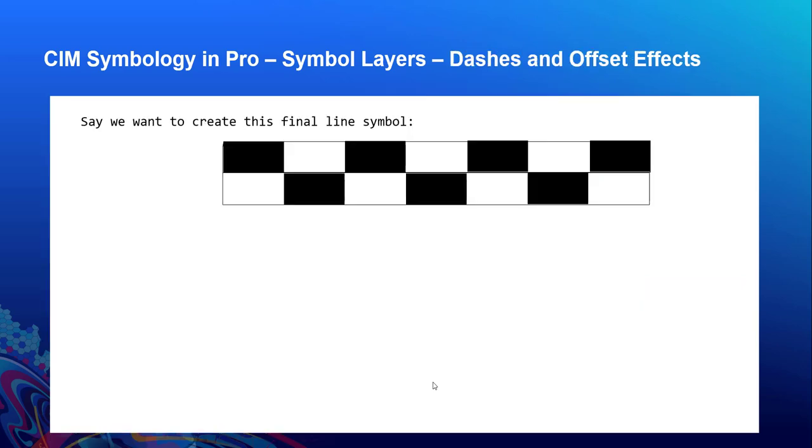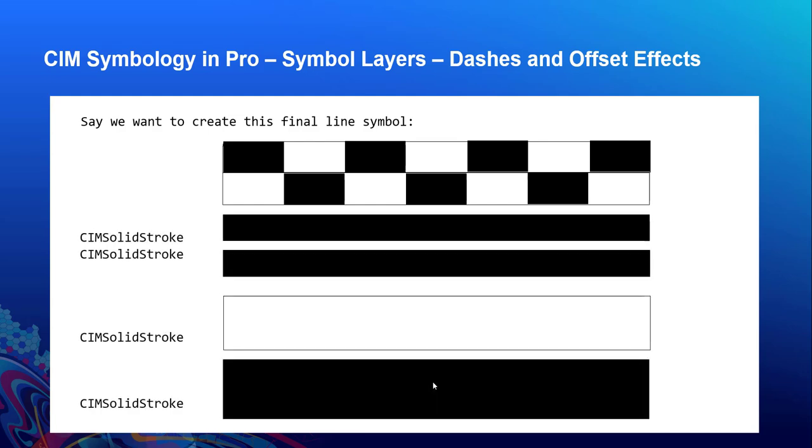So let's look at a slightly more complicated line symbol. Let's use our knowledge of symbol layers thus far, along with CIM geometric effects, to reproduce this, what I'm going to call checkerboard pattern that we see here. Okay, so the first thing we're going to need are some symbol layers, obviously. And we're going to need 4. We're going to need a thick black solid stroke.